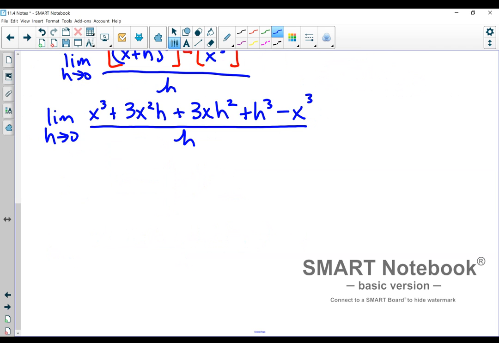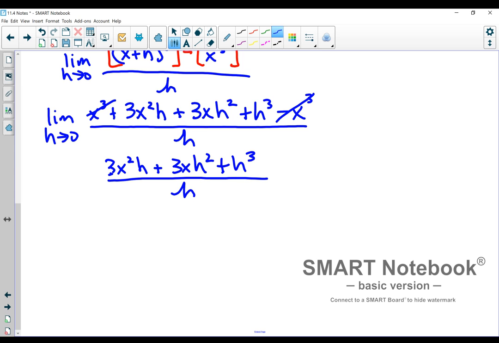So let's pop this screen back up. So my x cubes are gone. I'm left with 3x squared h. Everything should have an h in it, plus 3xh squared plus h cubed all over h. And then I can factor an h out. If you cannot, you've done something wrong.